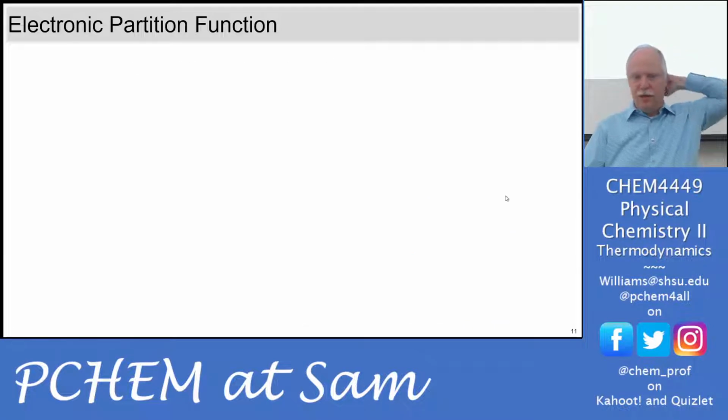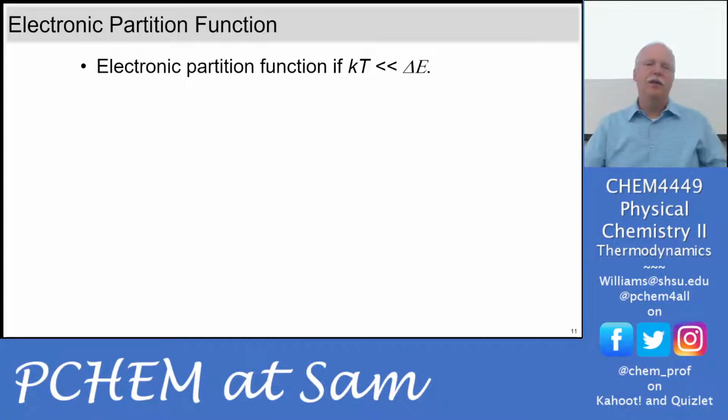Now let's talk about this electronic partition function. So our temperature is going to be much, much less than our excitation temperature in electronic systems or in the electron cloud. We talked about most of our visible transitions are electronic. And I remember calculating in PChem 1 what kind of temperature would be necessary for a transition at 700 nanometers.